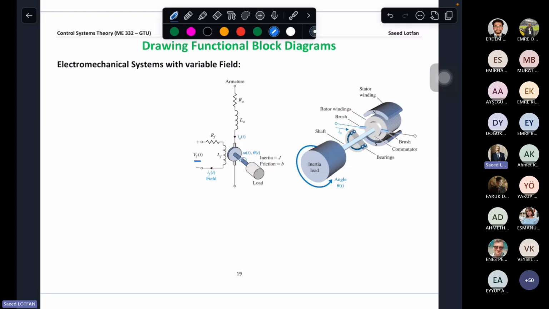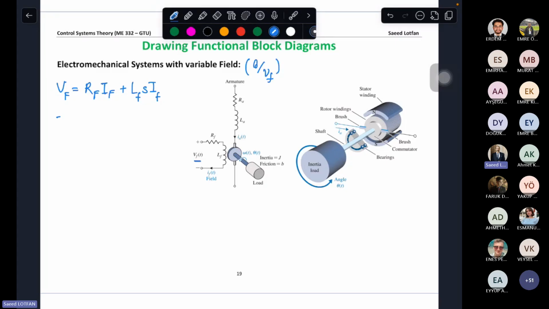The basic input relationship is that Vf is equal to R of the field times I of the field, plus LF s I of the field. In the previous case, we considered EA as input. Here, VF is input, okay? We want to find theta related to VF.